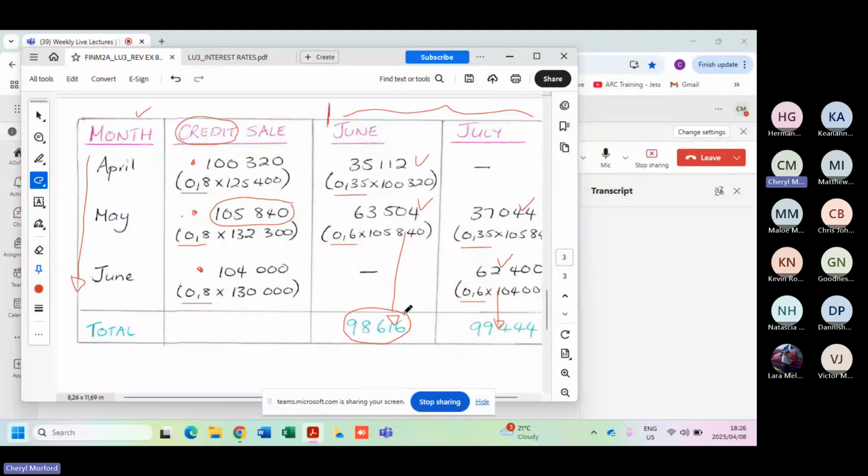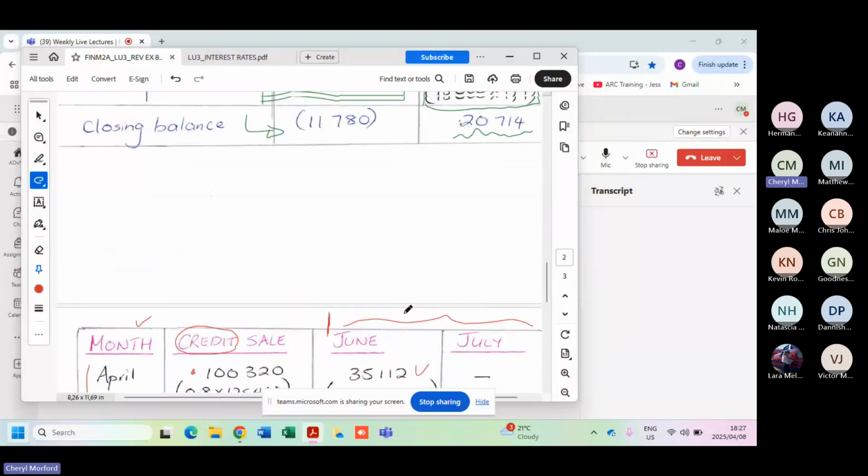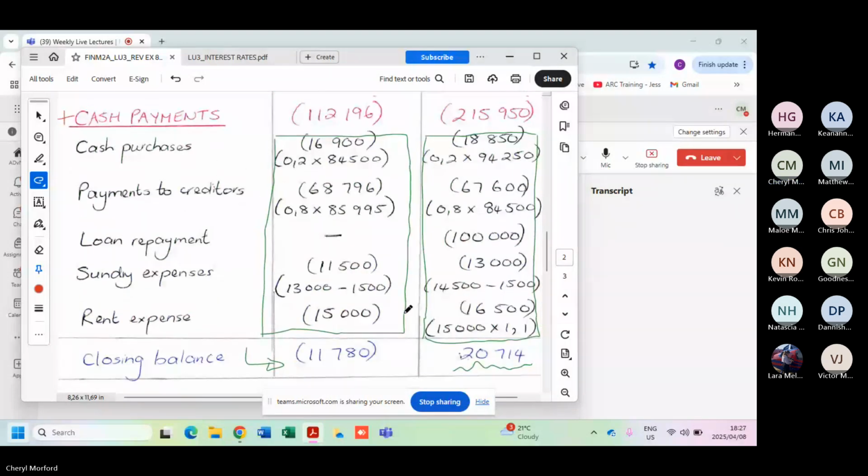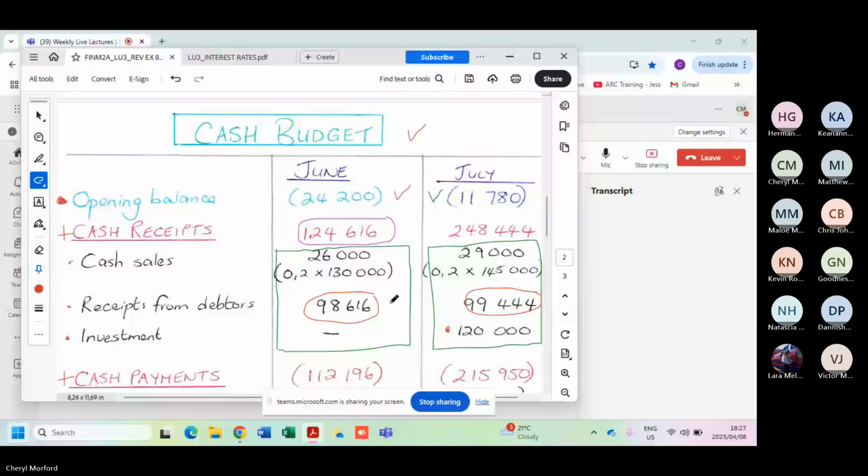That is the total receipts from debtors in the month of June, collected from sales in a selection of months. So all I'm going to do is I'm going to take that 98 and do what with it? Put it here. What am I going to do with the 99 for July? Going to put it in there.